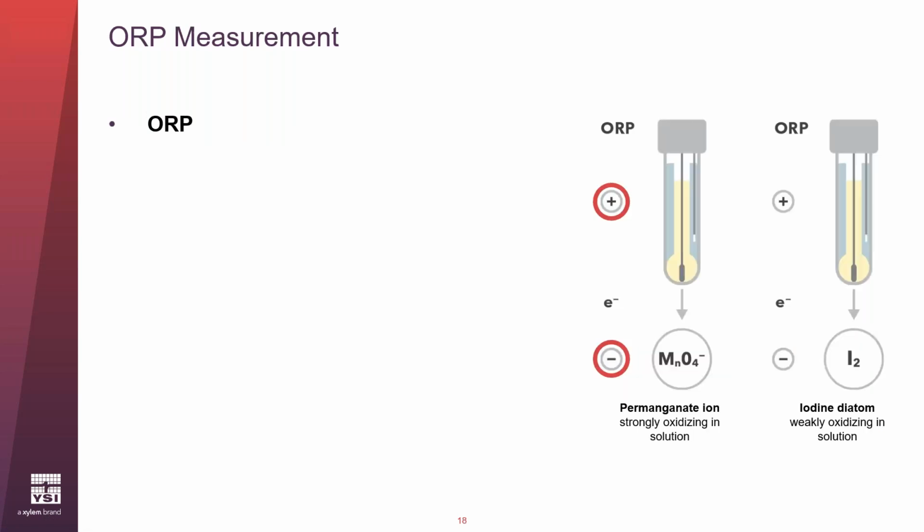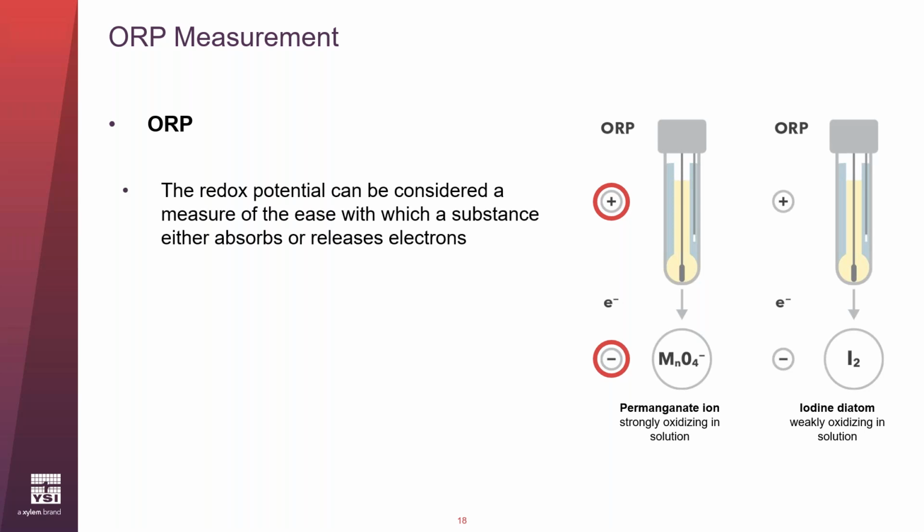Now we have ORP measurement. The redox potential can be considered a measure of the ease with which a substance either absorbs or releases electrons. The expression electron pressure can sometimes be used. It's kind of abstract because free electrons don't exist in aqueous solutions, like we said, but the electrons come from the species being measured.